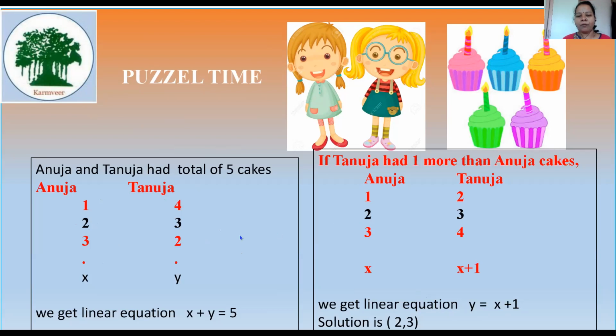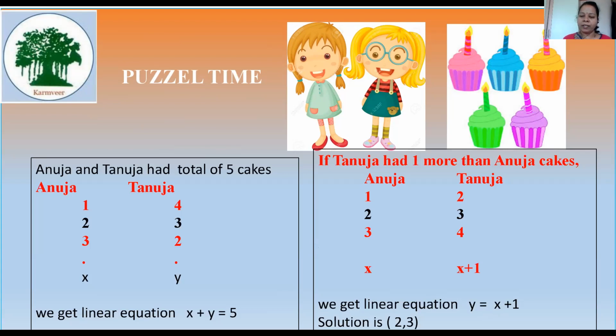That is, x is equal to 2 and y is equal to 3. These two values of the variables x and y satisfy both conditions, so this is called the solution of this simultaneous equation. Before this, what is a simultaneous equation? Simultaneous equations mean two linear equations in two variables taken together.